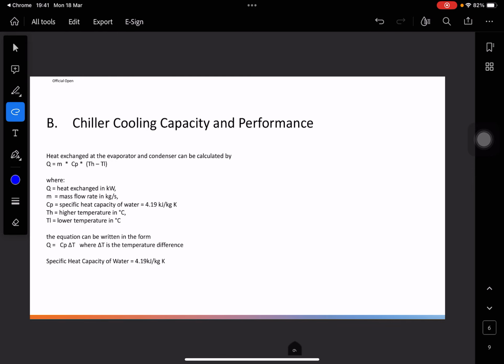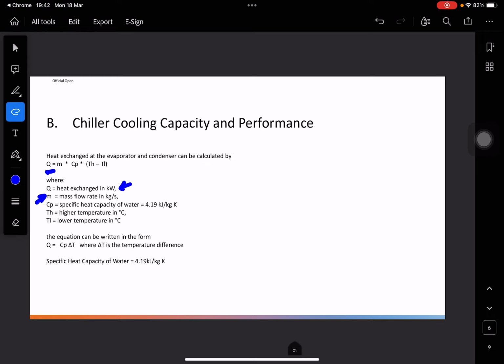For the chilled water cooling capacity and performance, we need to learn a few things. One is Q equals m dot Cp delta T, where Q is your heat exchange, usually in kilowatt, and m dot is your mass flow rate, in kilograms per second.